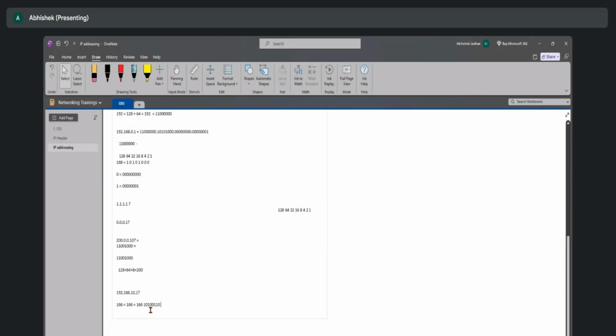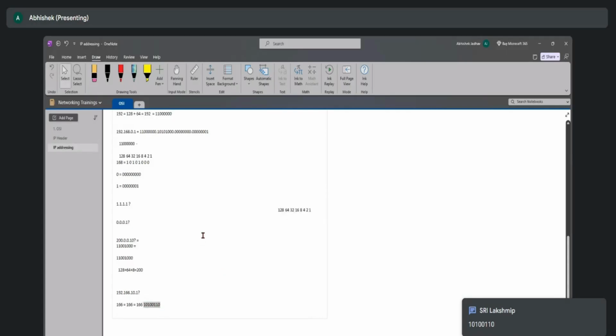That's 160. And then you're adding 4 and 2 to make it a 6. Great. Yeah, this is how it will be: 10100110. So this is how it converts.